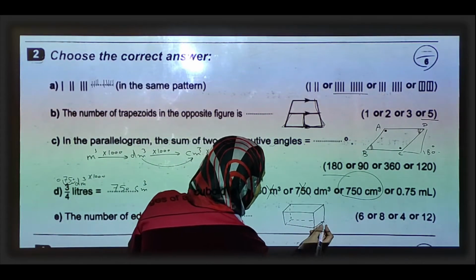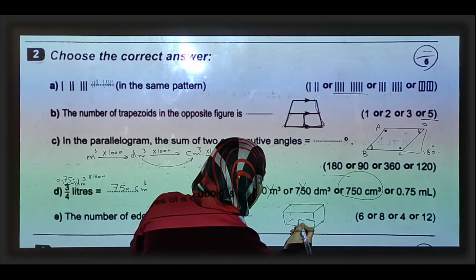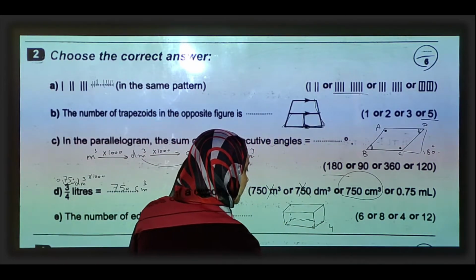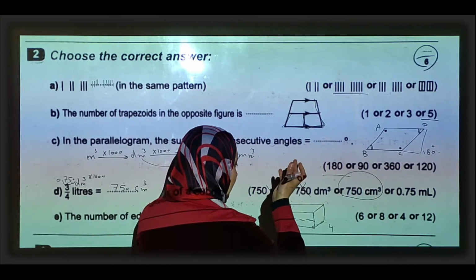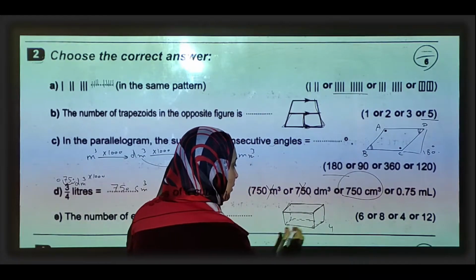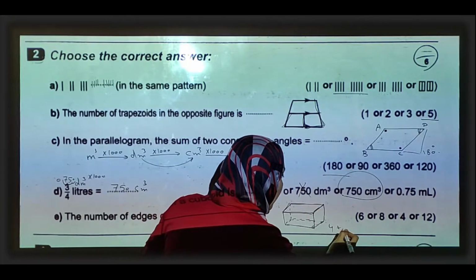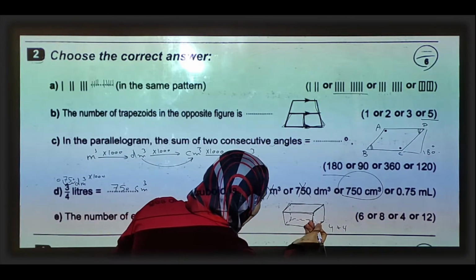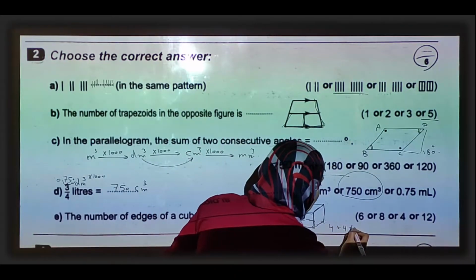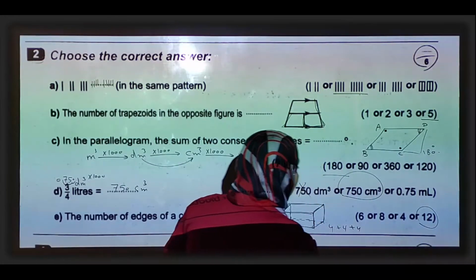In the base, we have 4 edges. In the top, we have also 1, 2, 3, 4 edges. And we have 4 heights. 4 plus 4 plus 4 equals 12 edges.